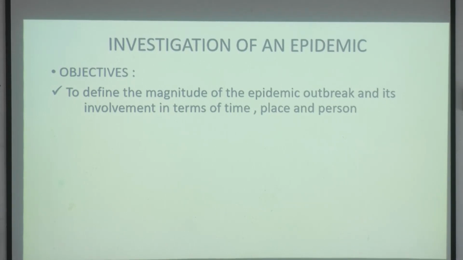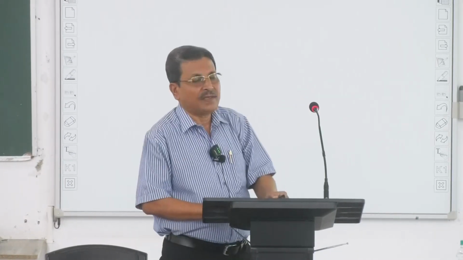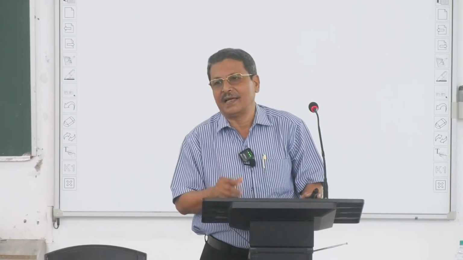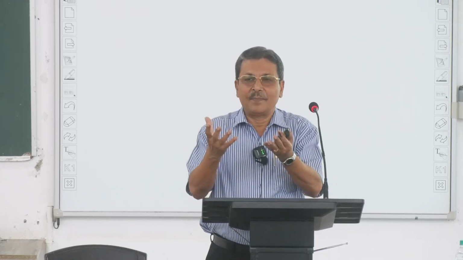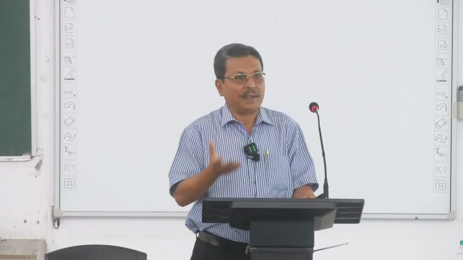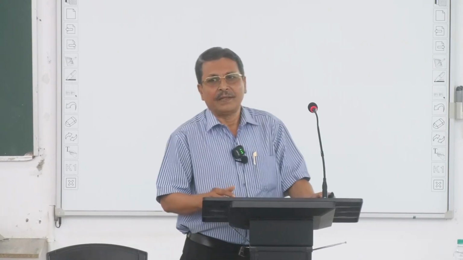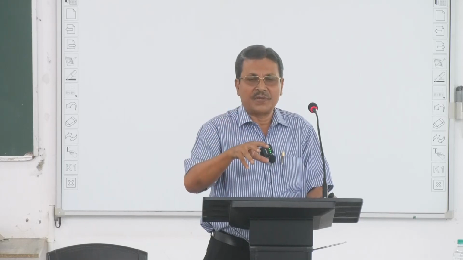So we usually describe any disease in terms of time, place, and person. In these terms you have to define the magnitude of the epidemic. How much magnitude is there? Suppose the magnitude of COVID, you understand, was very, very vast. It affected not only different countries, it affected most of the population in a particular defined area.